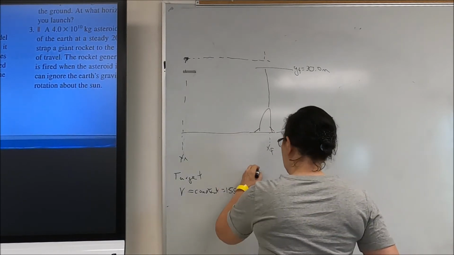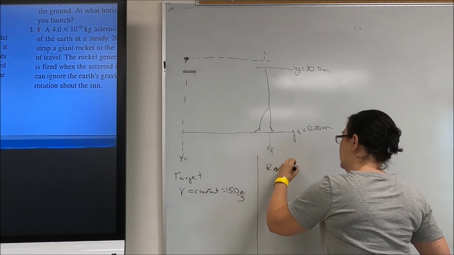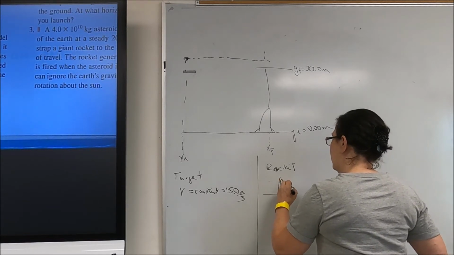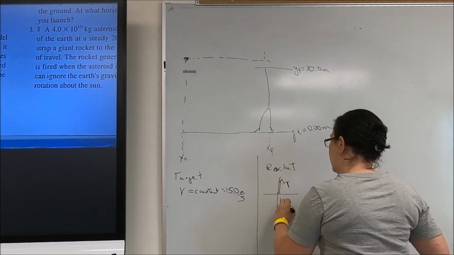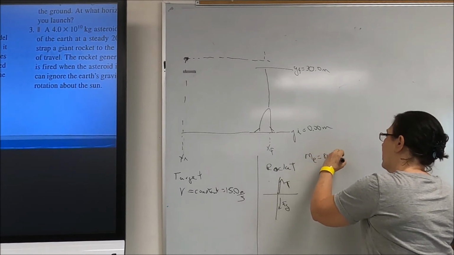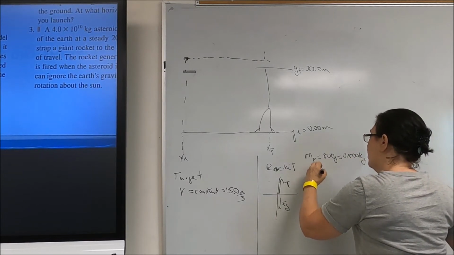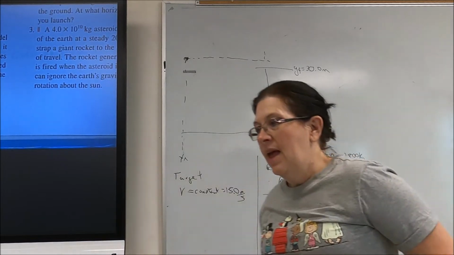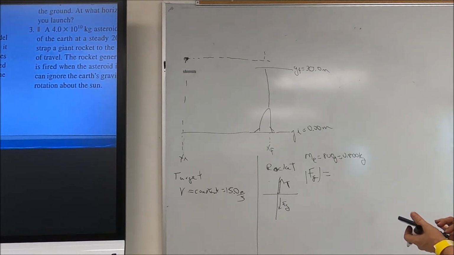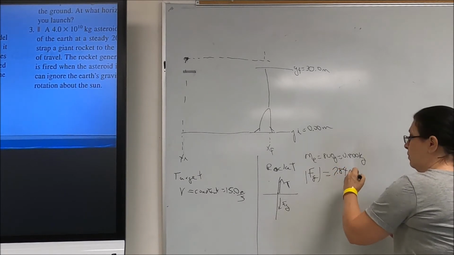Now, let's think about the rocket. The rocket has the thrust force acting on it and the force due to gravity. The mass of the rocket is 800 grams, that's 0.800 kilograms. So the force due to gravity on the rocket has a magnitude 0.8 times 9.8, or 7.84 newtons.